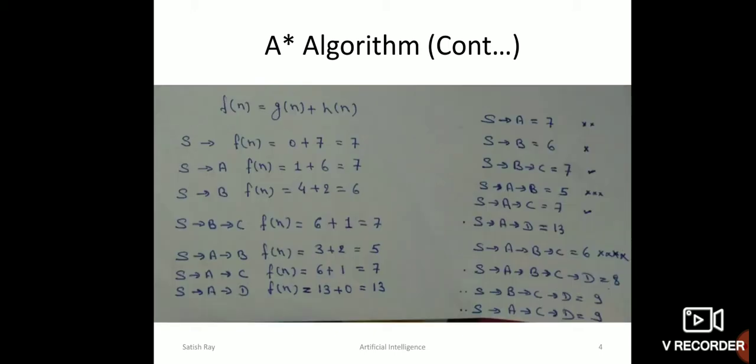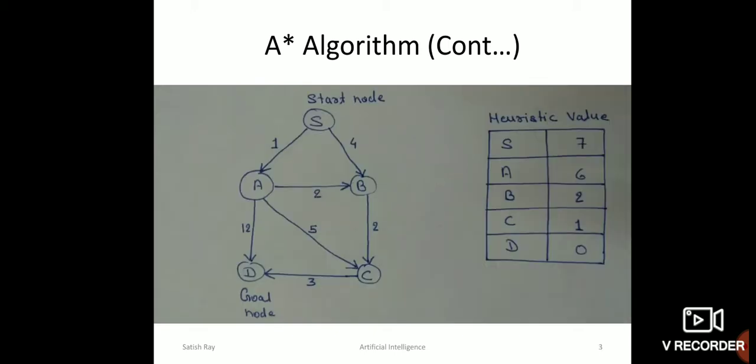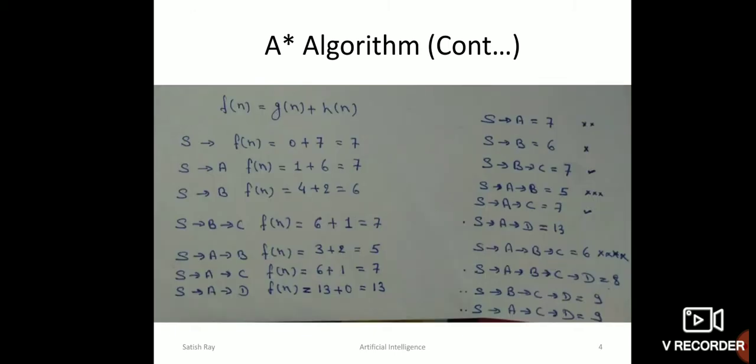So 0 plus 7 equals 7. Now we have two options. From node S we can move towards node A and we can move towards node B. So we will calculate f of n for both the paths.